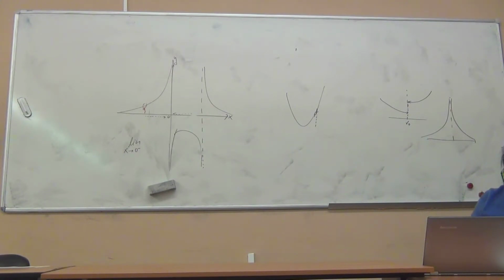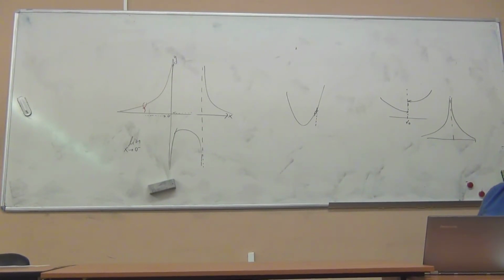Infinity is rather a process of something becoming greater than whatever we might require. So the function f of 0 is undefined. The correct answer is undefined. The function is not defined when x is 0.